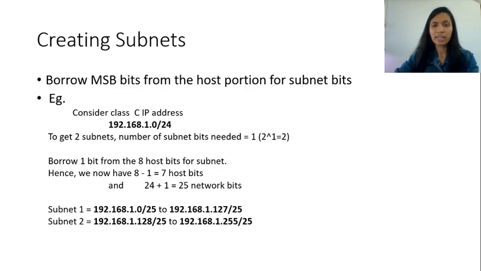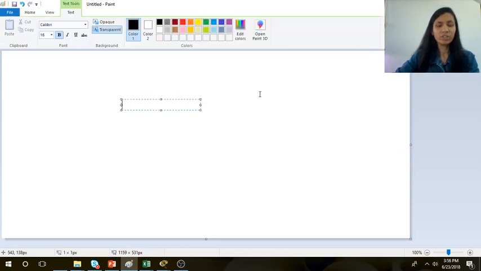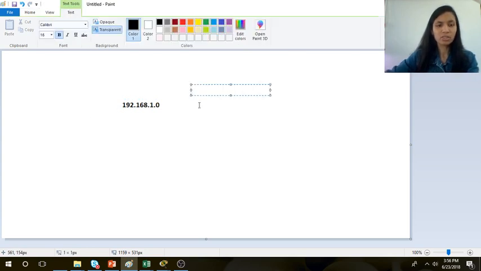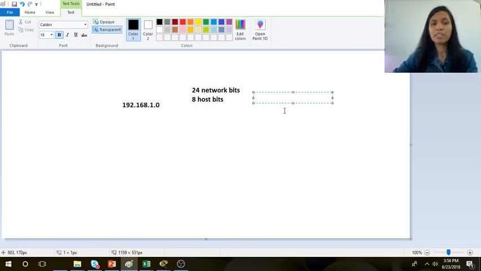So we will just take a look at how this is being done. Consider your IP address 192.168.1.0, and this is your /24 network. So this has got 24 network bits and it has got 8 host bits. Since you have got 8 host bits, the number of host IPs possible is 2 raised to 8.